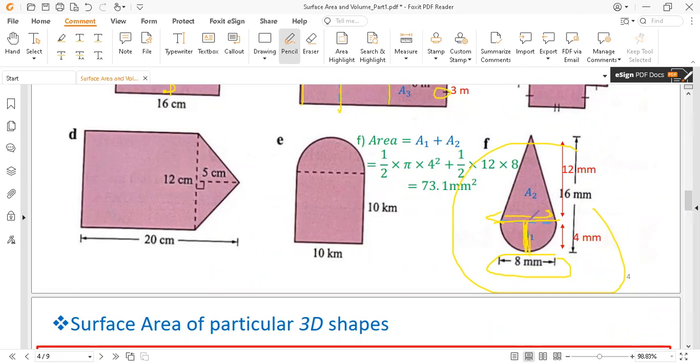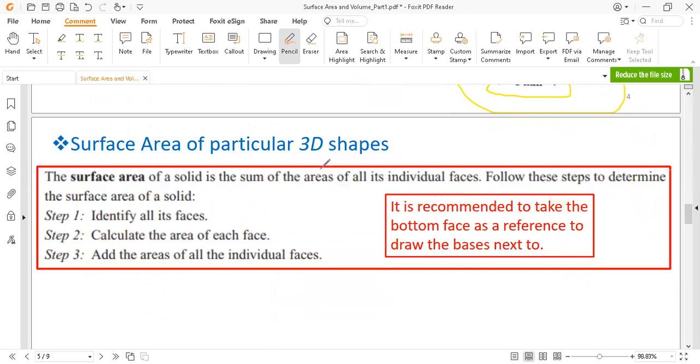If we have 4 millimeters here, the height here is equal to 16 minus 4, equal to 12 millimeters, and we use the area of the triangle, half by the base by the height. Okay, and the area of the semicircle is half of pi r squared, and so on. Moving on to the evaluation of the area of.